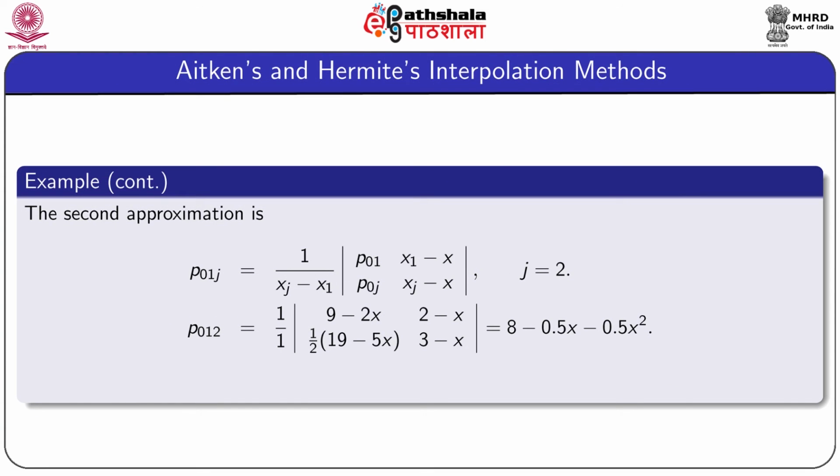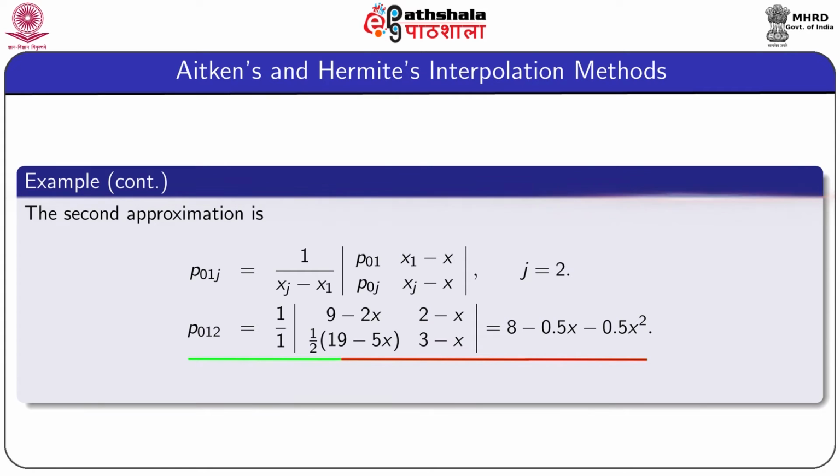The second approximation is p 0 1 j equal to 1 by x j minus x 1 times a determinant whose first column is p 0 1 and p 0 j, and second column is x 1 minus x and x j minus x, for j equal to 2. And for j equal to 2, the value of the polynomial p 0 1 2 equal to 1 by 1, because x j minus x 1, that means x 2 minus x 1, is 1.